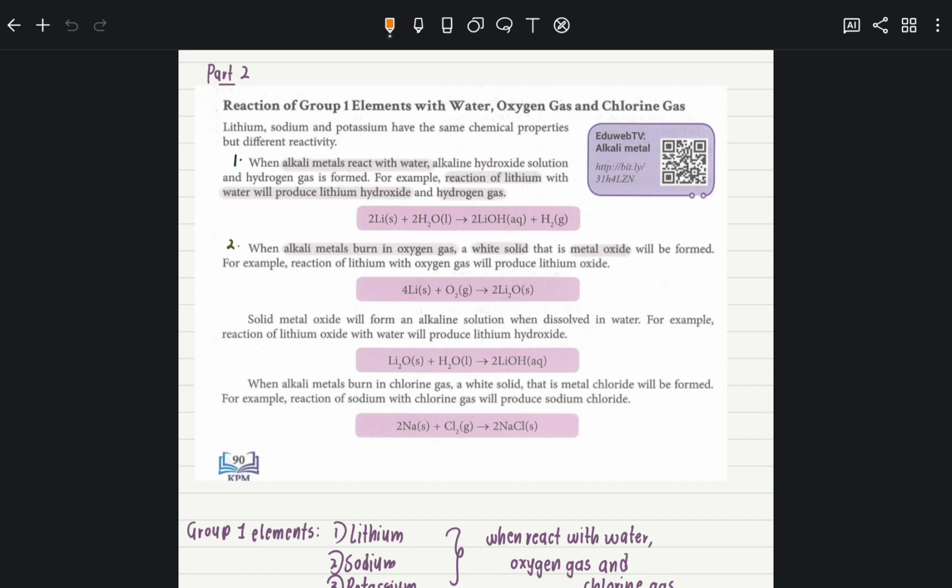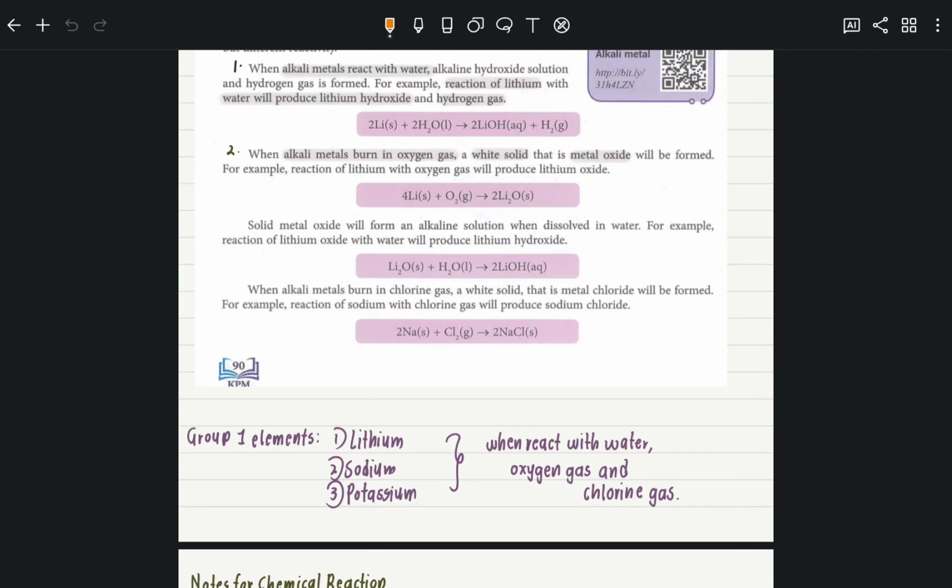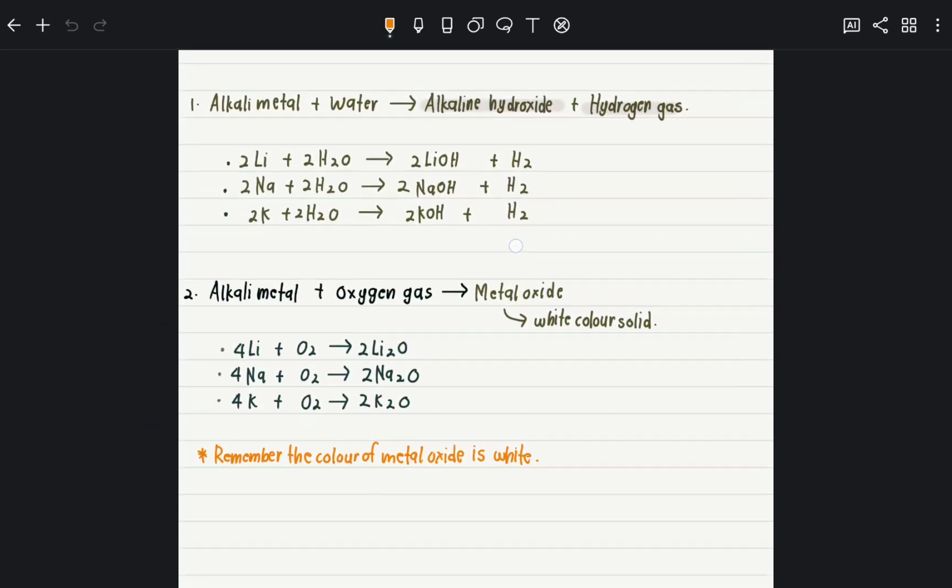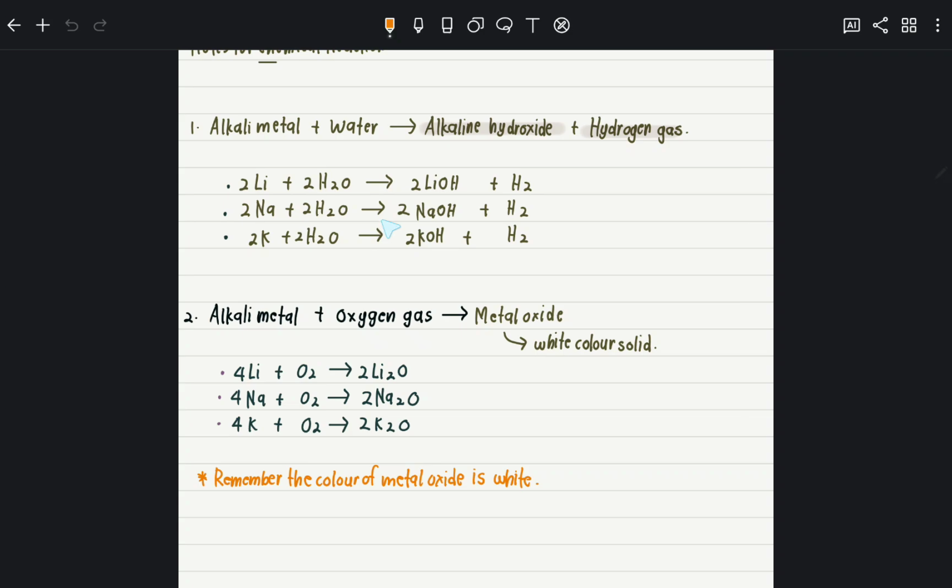So now the issue is, how can the alkaline hydroxide be formed when your metal oxide yang kat sini, in the second step ni, reacts dengan water pula. Faham tak? That will be your next one.